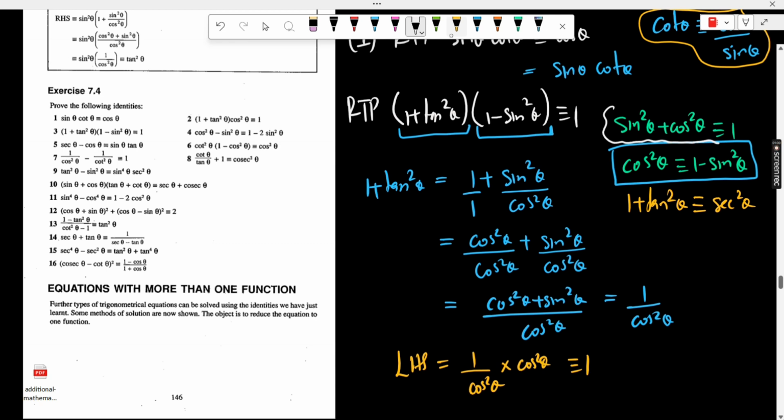Sine square theta plus cos square theta is equivalent to 1. Now you must pay attention to both sides of the trig identity. If you notice on the left-hand side, we have cos squared theta and also sine squared theta, but on the right-hand side, we only have sine squared, which obviously says that we're going to have to make a substitution for cos squared theta, right? So go ahead and do that.